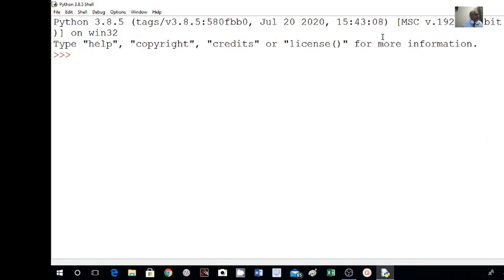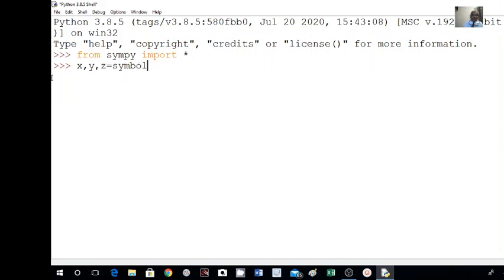Here, first I will import SymPy, that is from sympy import *. Then I'll take x, y, z as symbols.